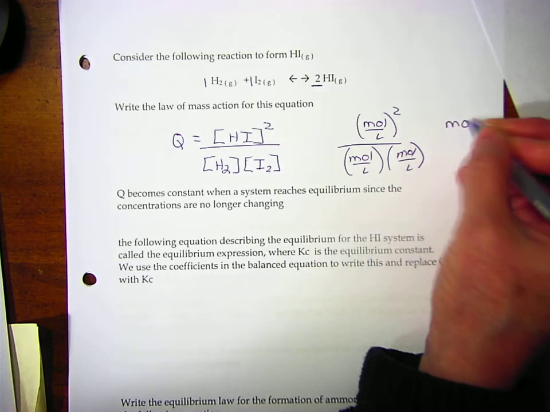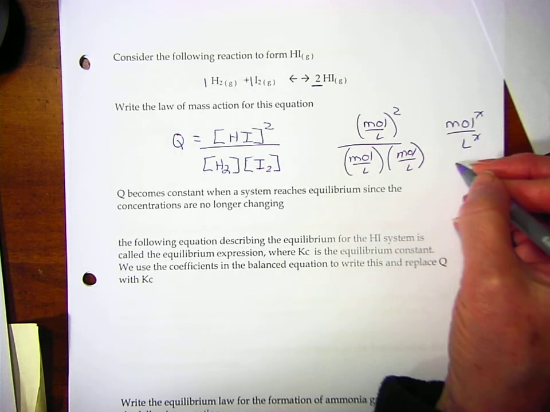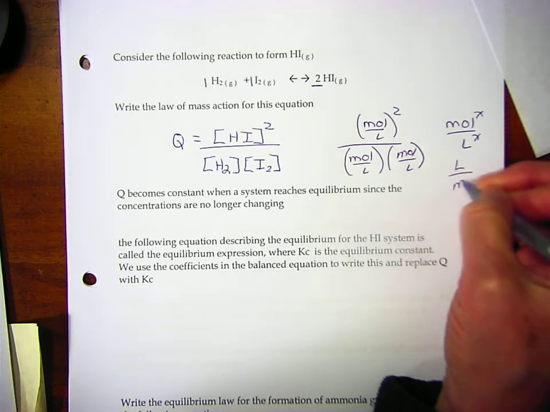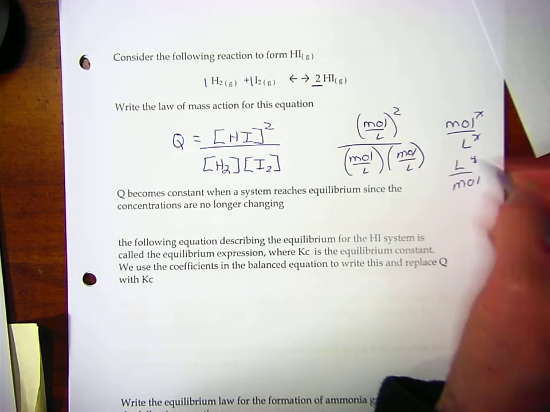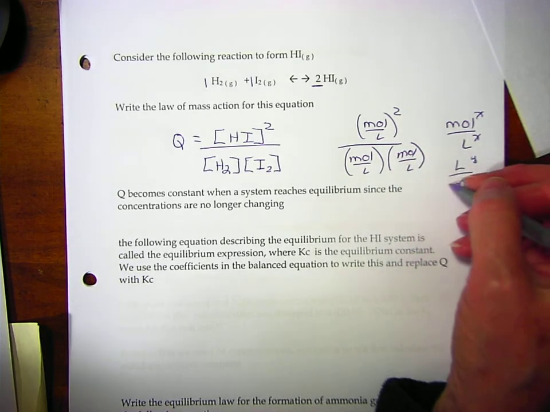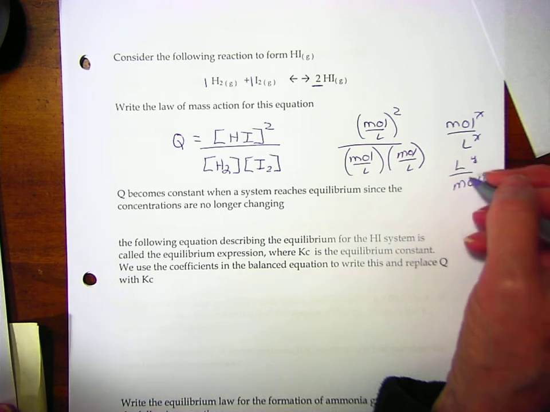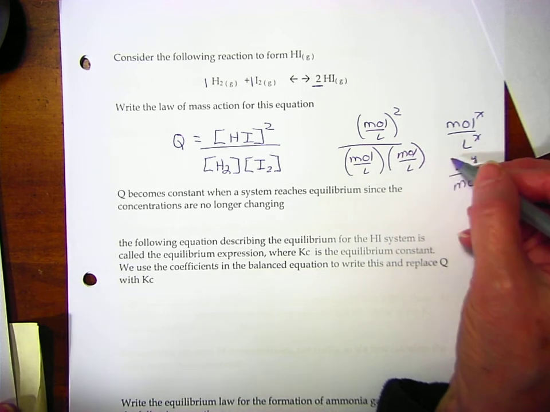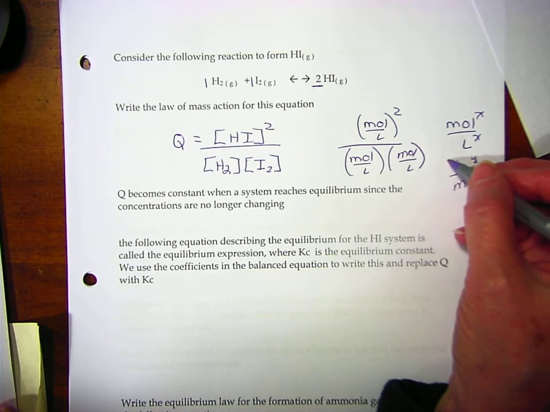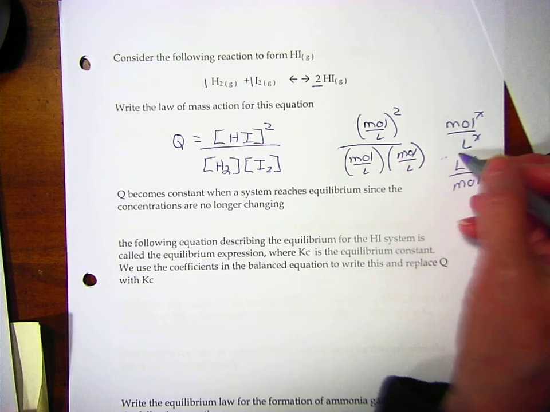We could have moles per liter raised to some power, or we could end up with liters per mole to some powers, just depending on what these coefficients are. So there are units for some of these equations, but sometimes there are no units because they cancel. So in chemistry, we just tend to ignore them. And you'll see me writing Q or K values later with no units, and that's okay.